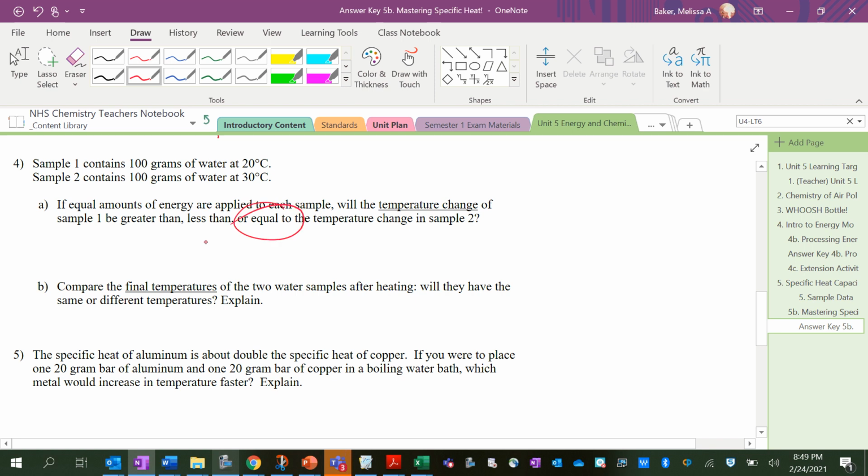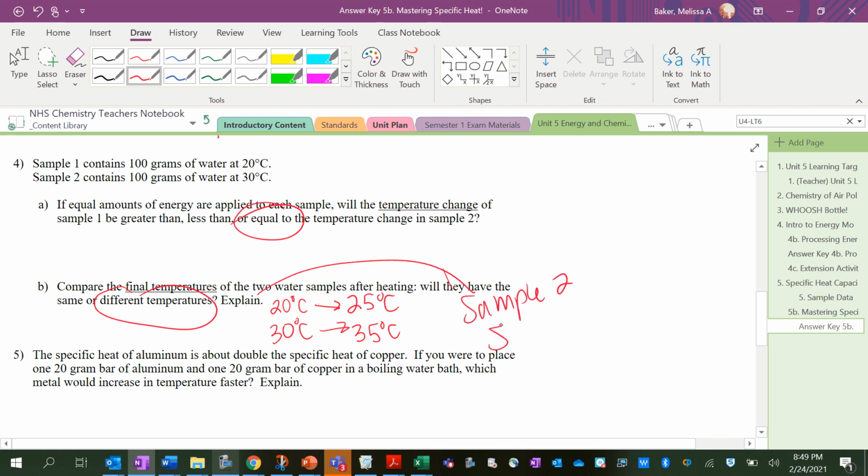Sure, they're starting at different temperatures, but let's say that the amount of energy makes the temperature rise by 5 degrees in sample 1, it'll go up to 25. And in sample 2, the temperature change will be equal. It'll also go up 5 degrees. So they will have different temperatures because sample 2 started off at a higher temperature.